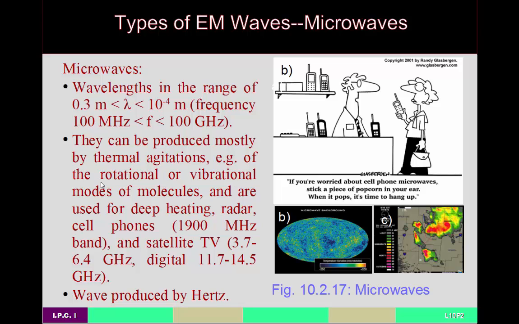Most people now have a microwave oven, and it basically is used to heat the molecules in your food by causing them to rotate, and then that rotation ends up causing collisions, which then cause vibration, which actually is what heats your food up. Another thing that microwave is used for is radars.